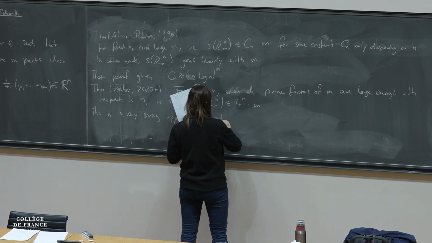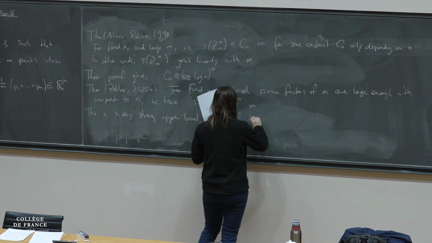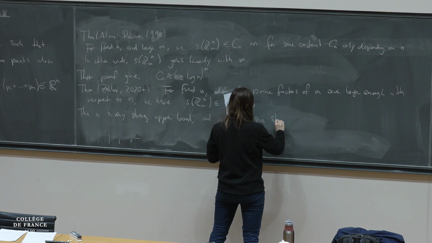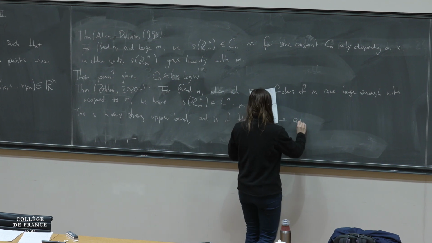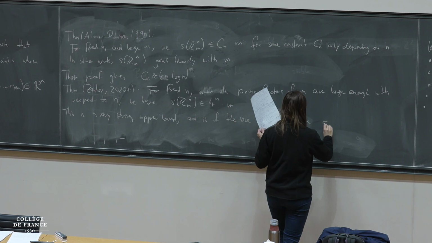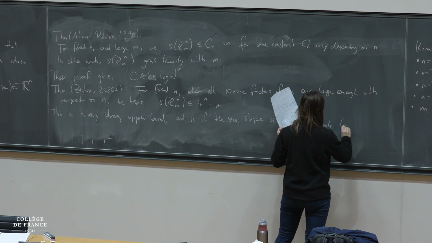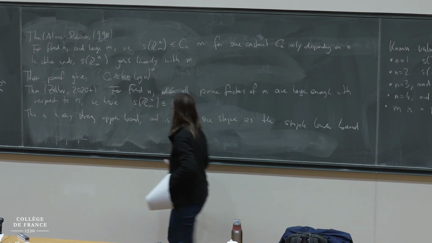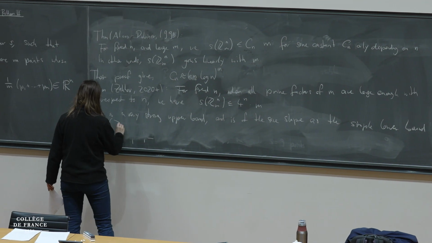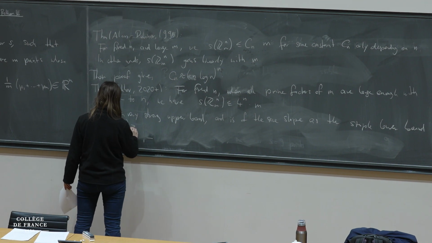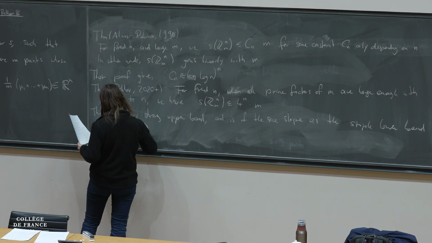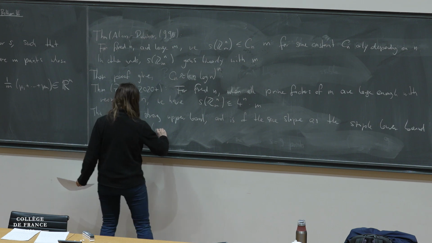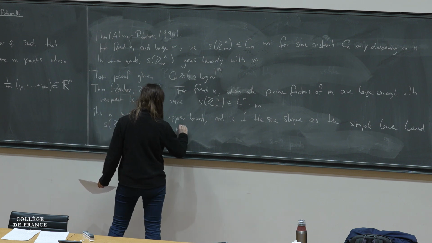And it is of the same shape as the simple lower bound: s of Z_m^n is at least 2 to the n times (m minus 1) plus 1.